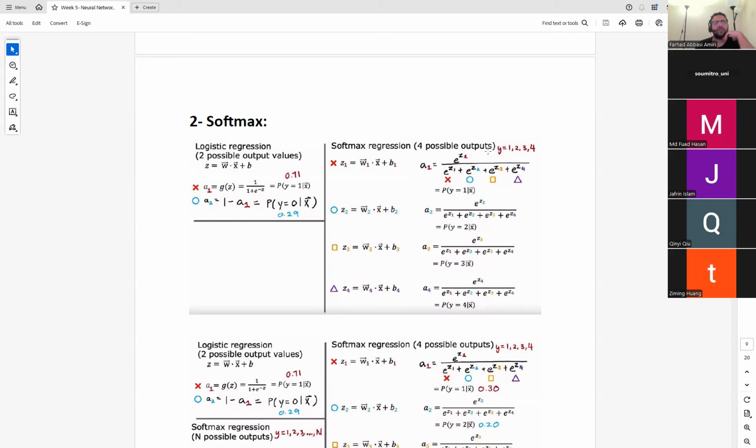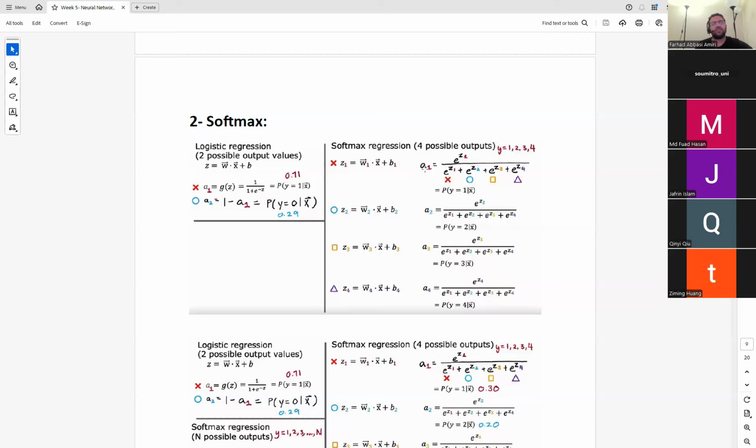Then Z1, which is for the red crosses class in this data set, is W1 times X plus B1. And then Z2 for the second class is W2 times X plus B2. Z3 is W3 dot X plus B3. Z4 is W4 dot X plus B4.